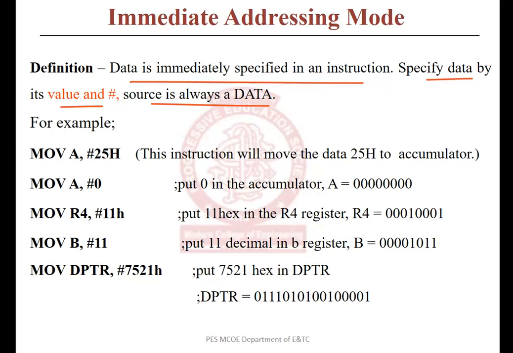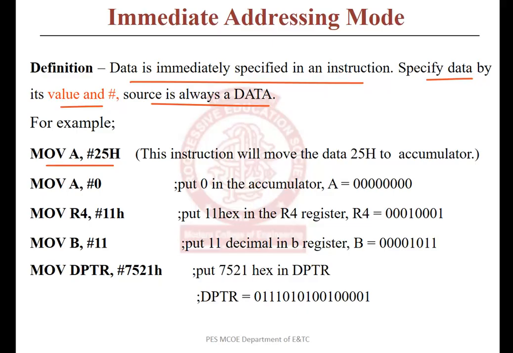If you do not put this hash symbol, then it can be considered as an address. So whenever a data or a value is there, you have to put a hash symbol. So for this addressing mode, remember that hash symbol is very important. So let us discuss some examples.